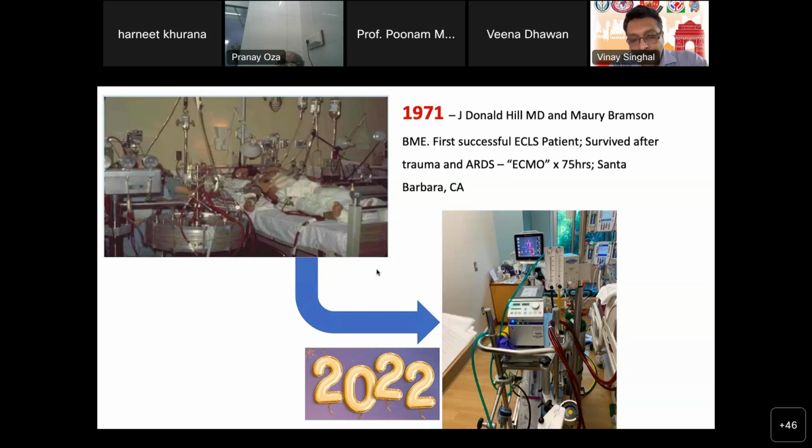Just after 5-6 years we were doing our own ECMO, and we are seeing it around in our own city. Dr. Vivek started in Ludhiana, and then we followed him up. So actually, he's the teacher for us in Ludhiana for this. So things are easier, but still a lot of things remain.